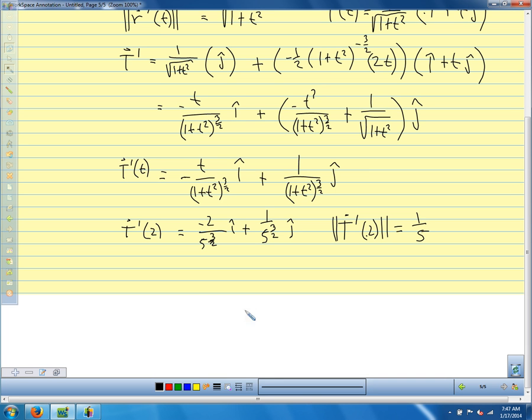So finally, our principal unit normal vector at time 2 is this vector divided by 1/5, and I get minus 2 over the square root of 5 i plus 1 over the square root of 5 j.